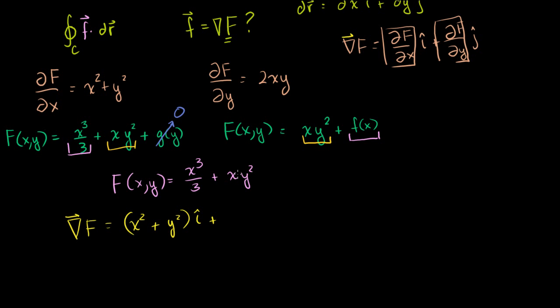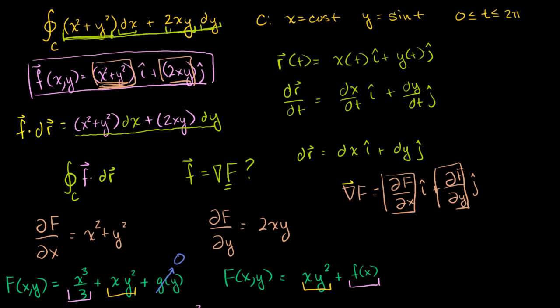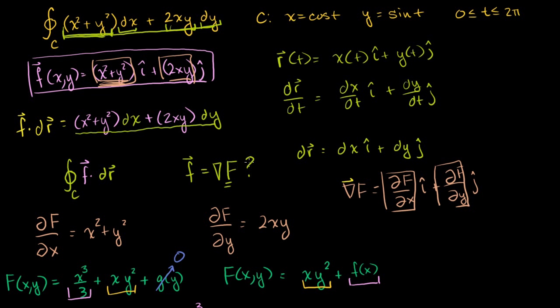The partial with respect to y of this is 2xy, or 2xy to the first. So it's 2xy times j. And this is exactly equal to our f that we wrote up there. So we've established that f is definitely the gradient of some potential scalar function.